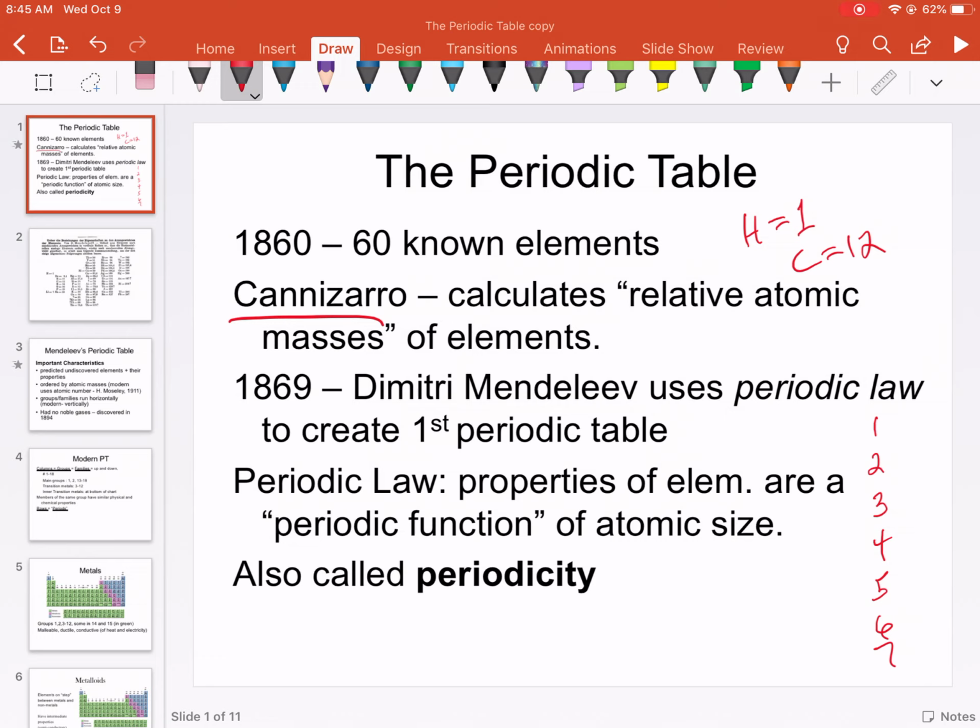And so that's where we come up with weeks in our calendar. That's why we have vertical columns in our calendar, because when you put these things in order by number, we find that periodically we have common properties, so that everything in the same column has things in common. And that's what Mendeleev realized about the elements, and that's where the periodic table came from.